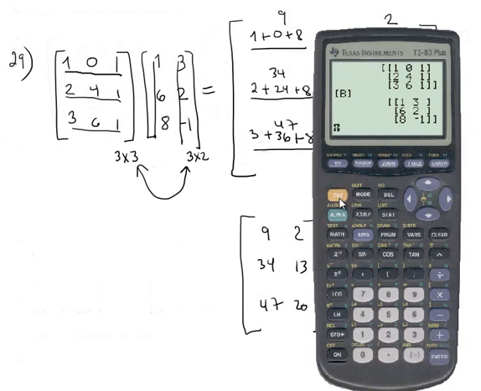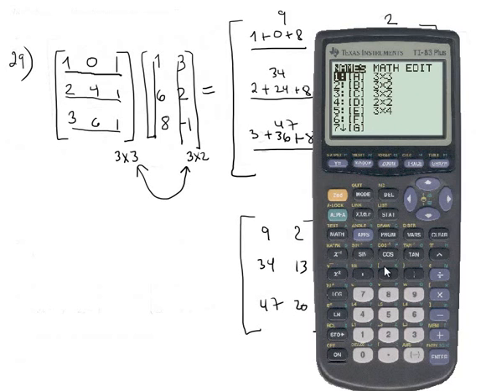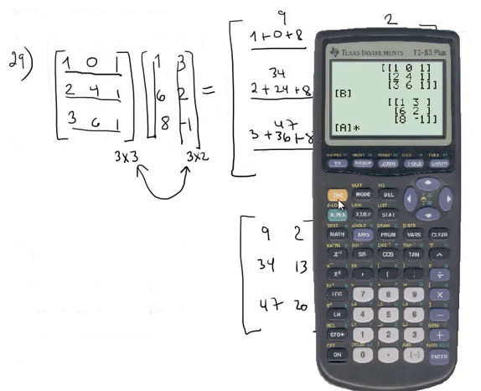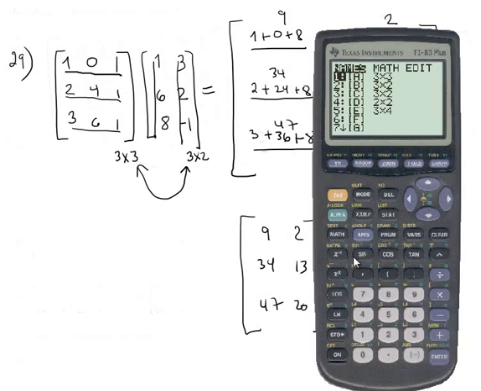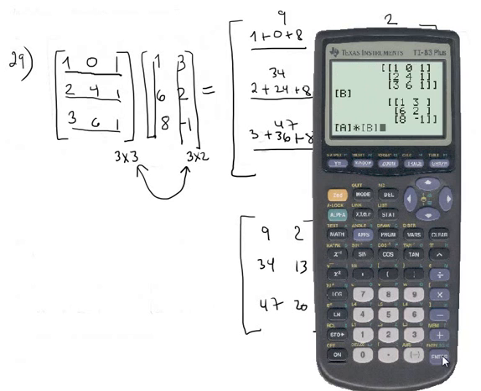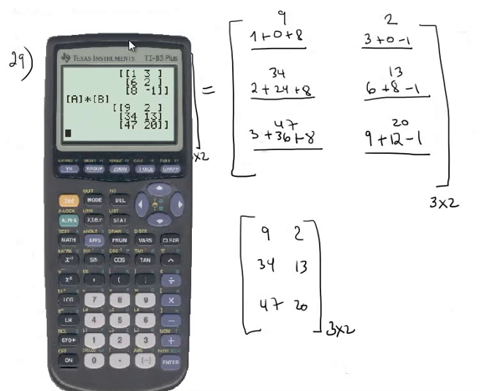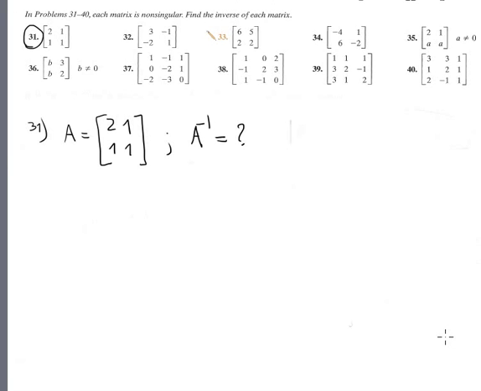And the multiplication in this order, A times B, is this answer. 9, 2, 34, 13, 47, and 20. Perfect.